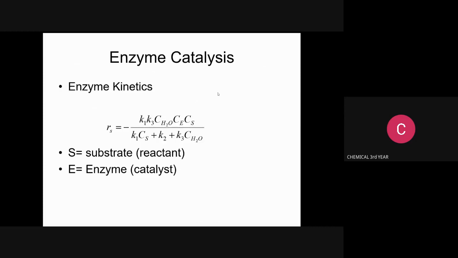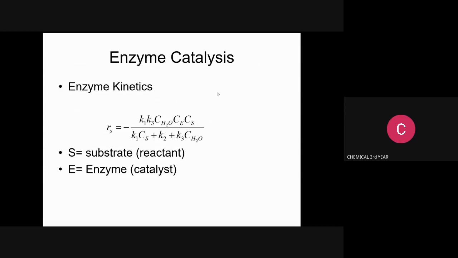In the previous slide, I talked about the linear isotherm. Do you remember or not? Just go through and check it.